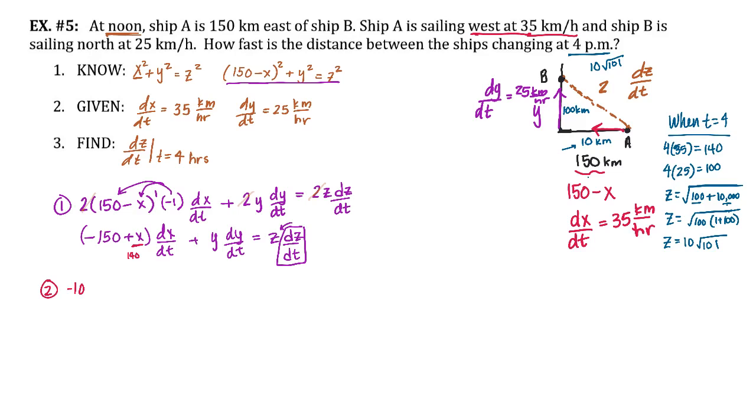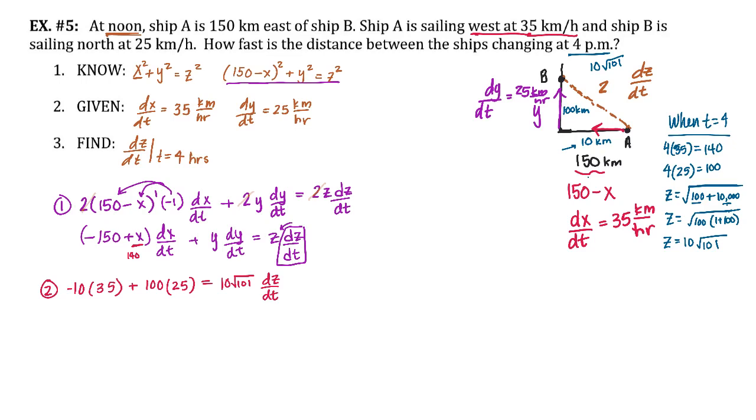And we know the rate of change, dx/dt, is going to be 35, plus our y value, well, we found that side to be 100 times the rate of change. And that's going to be equal to our side z that we found, which was 10 square root 101 times dz/dt, which is what we're looking for.